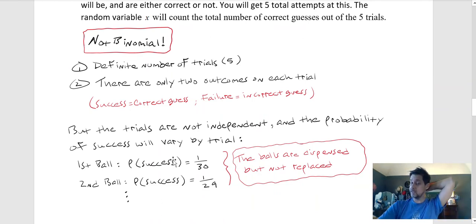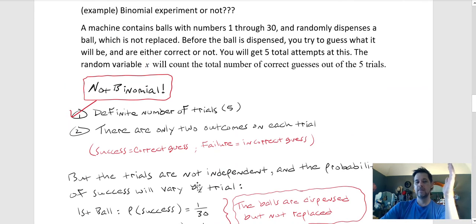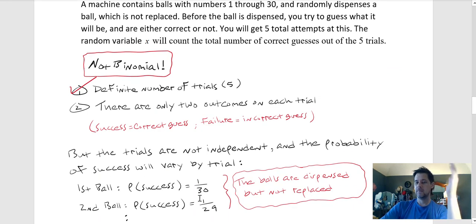I'll go through all the reasons and tell you what about it makes it not binomial. Now, there are a definite number of trials, 5. You're playing this guessing game, and you're either right or not each time. You guess, it spits out the ball, you're either right or wrong.